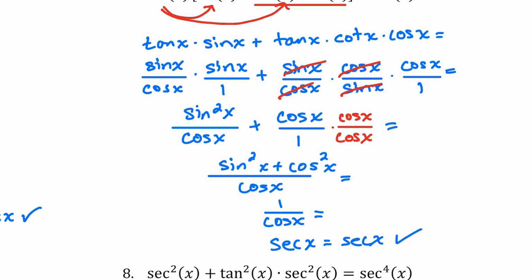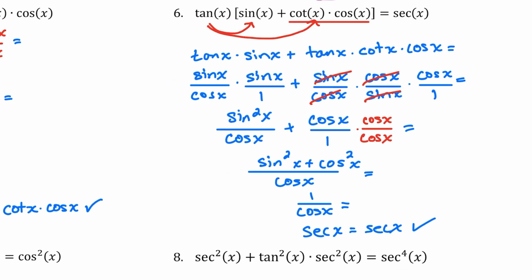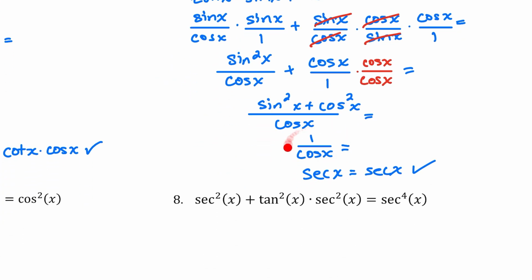Now, the problem here is that you cannot skip steps, okay? Please just try to show as many steps as possible. If you're doing too much in your head and you're going straight from this to secant, that's not a rule. There's no rule that this fraction is equal to secant in the box above. If you look in the box above, you actually do have how 1 over cosine is the same thing as secant.